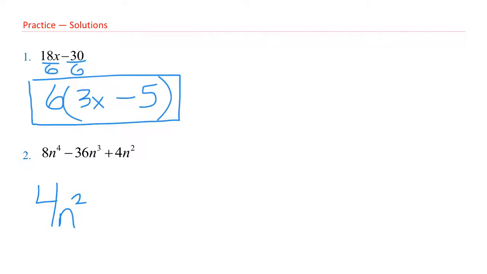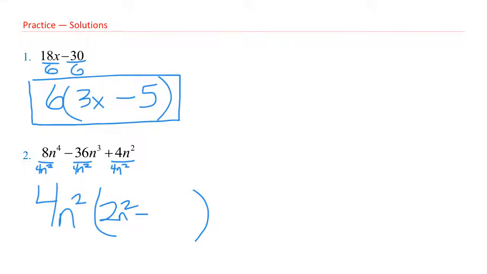Next, we're going to divide each of our terms by the GCF of 4n squared, and then write the resulting terms inside of parentheses in our factored expression. 8n to the fourth divided by 4n squared gives us 2n squared. Negative 36n to the third divided by 4n squared gives us negative 9n.